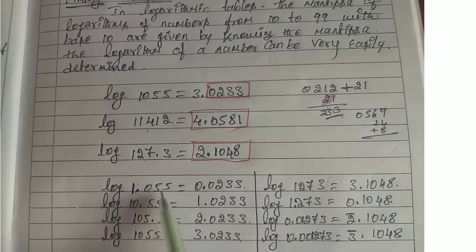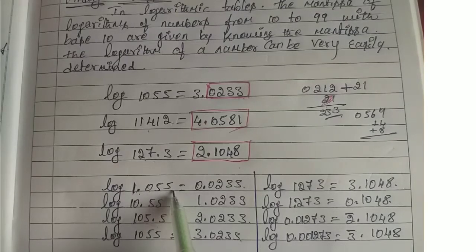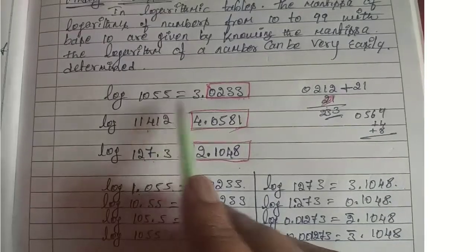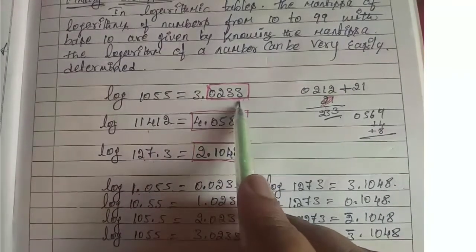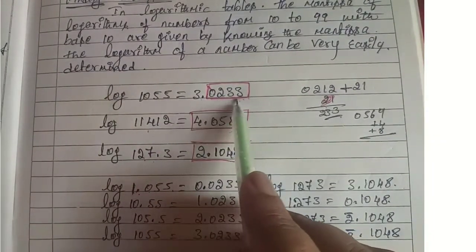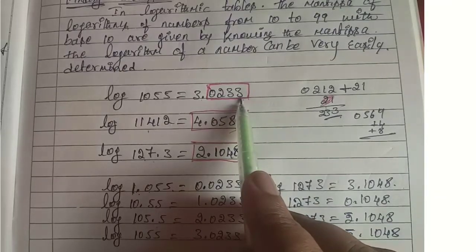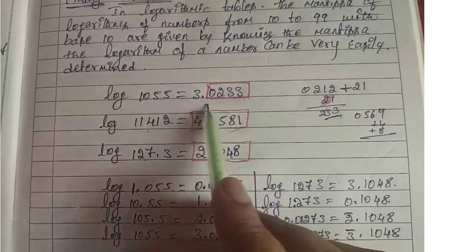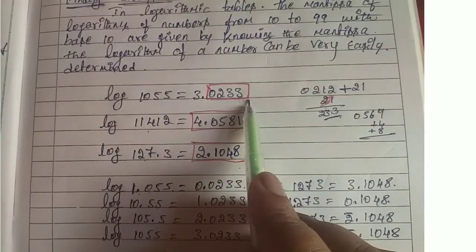See, 1.055. For this we have already done 1055, 3.0233. So we know the Mantissa value. The Mantissa value is always constant. It will never change. 0233 will never change.